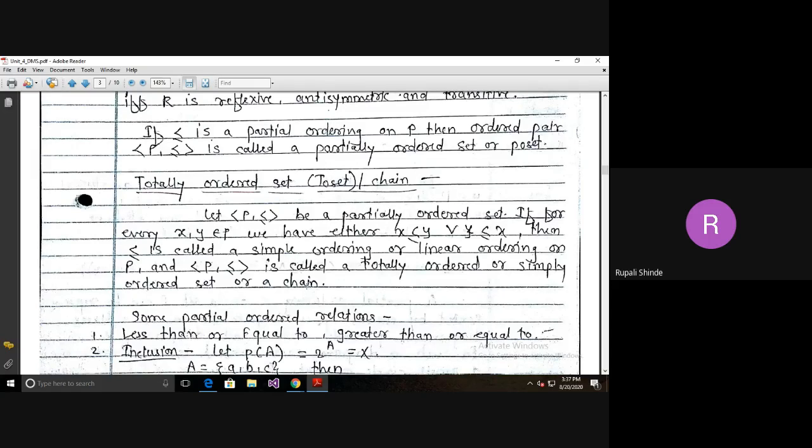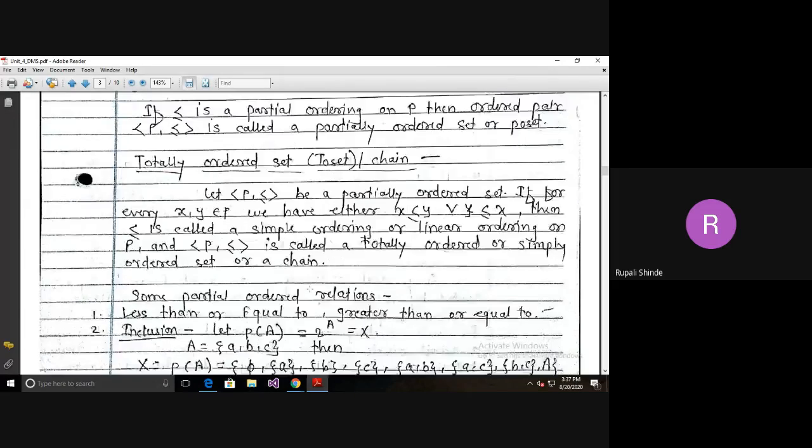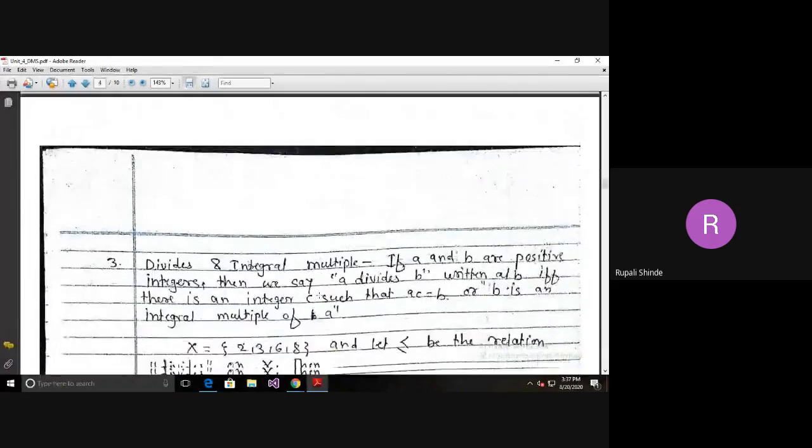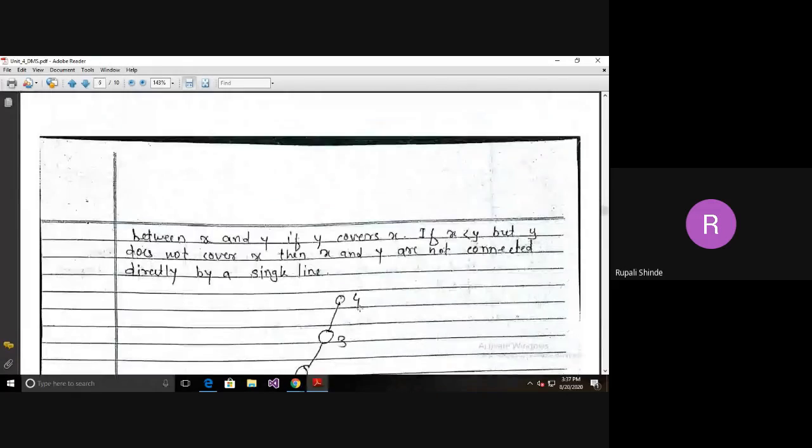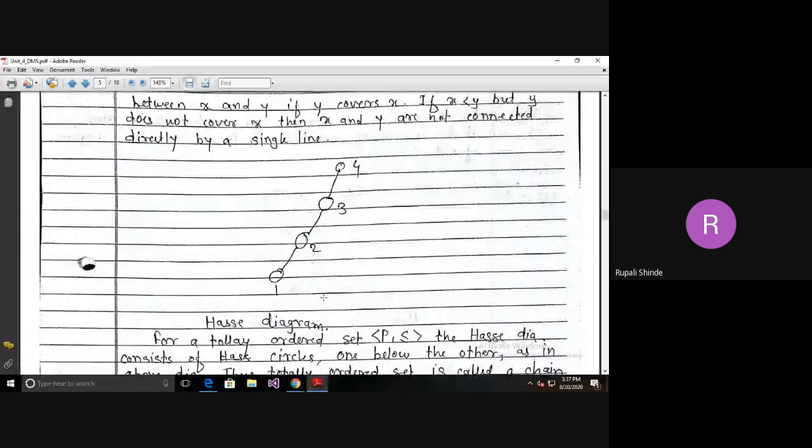Now we will see one simple example. Suppose there are two different elements x and y and x is less than y. So we can take two circles to represent these two elements. Now I think a diagram is given here. So from this diagram, I can take this example. Suppose there are two elements, 1 and 2, and 1 is less than 2. First of all, I have to draw two circles to represent these two elements as 1 and 2.